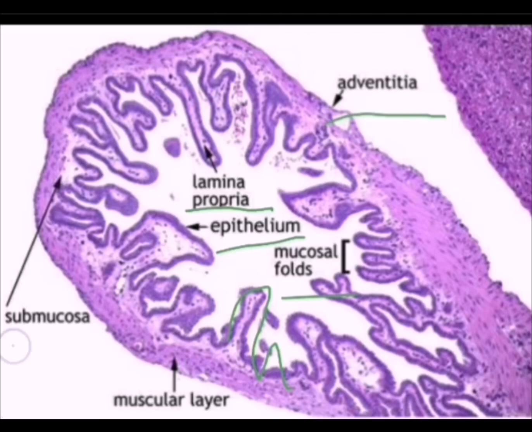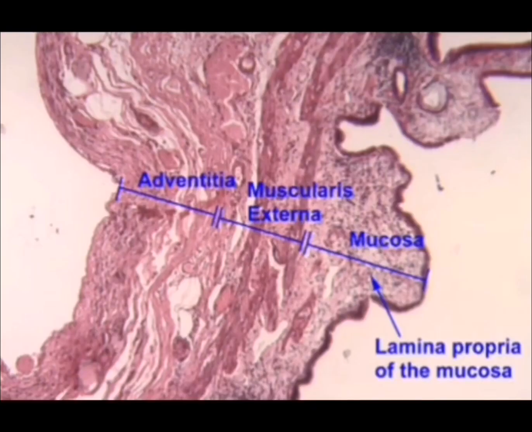I don't know why it is marked here as submucosa. The much I know is that the gallbladder doesn't have a submucosa layer, right? So just check it out in your context, but the much I know is that there is no submucosa in the gallbladder.